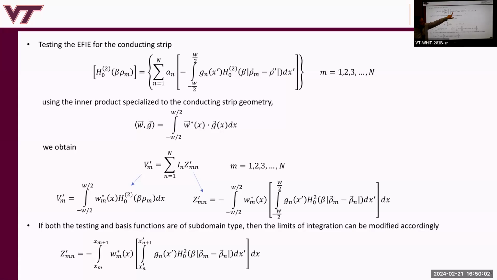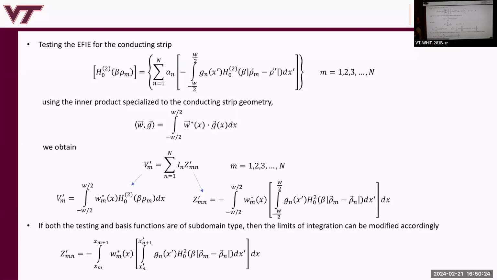These are general functions, which could be subdomain or entire domain, same with the W's. We obtain this expression here. We call it primes because it hasn't been specialized to the choice of testing or basis functions yet. So the left-hand side is the incident field.